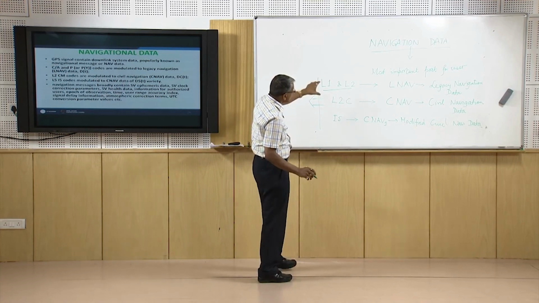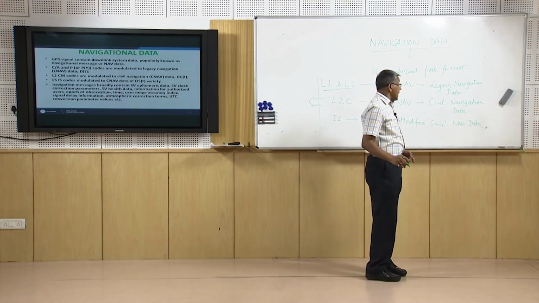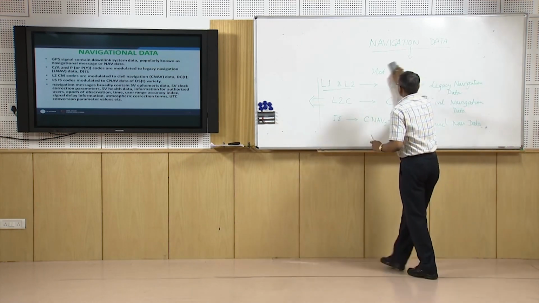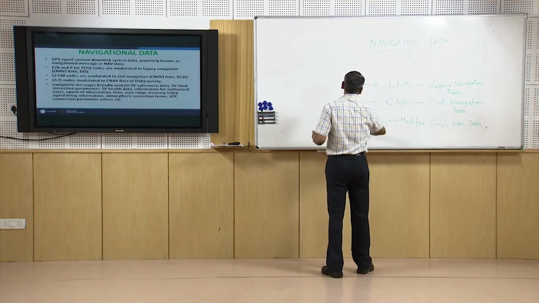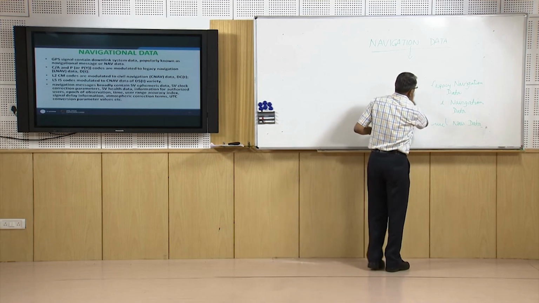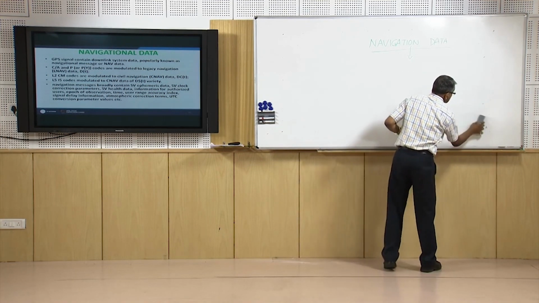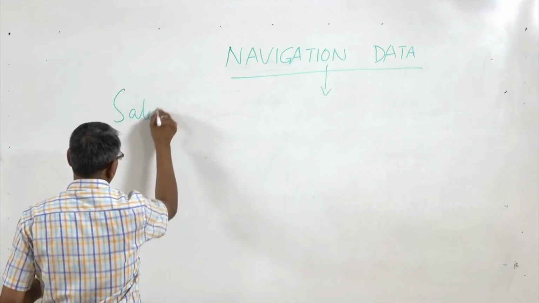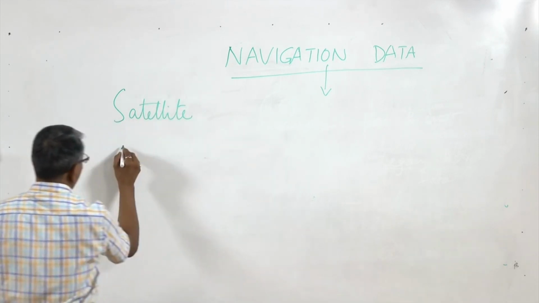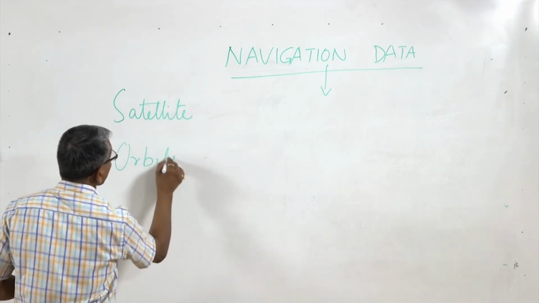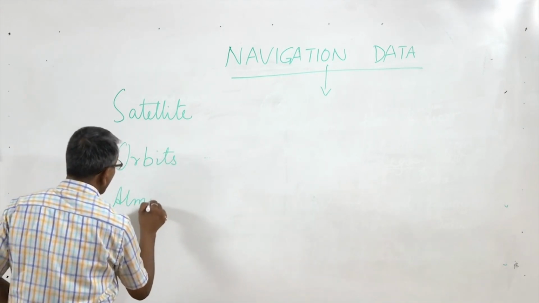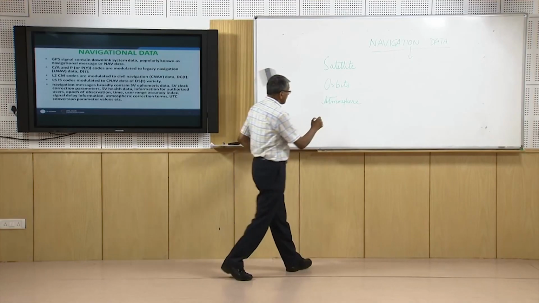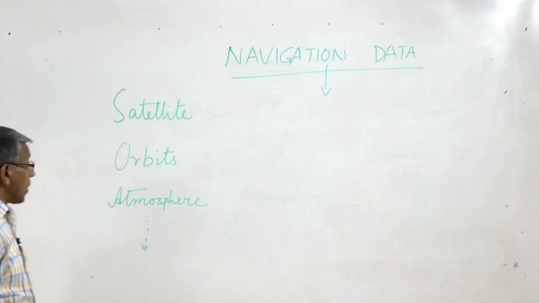Now, what is the use of navigation data? The navigation data contains a plethora of information about the satellites, about their orbits, about the atmosphere through which the signal is coming, and many other things.